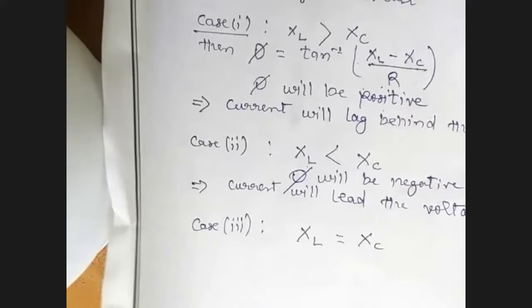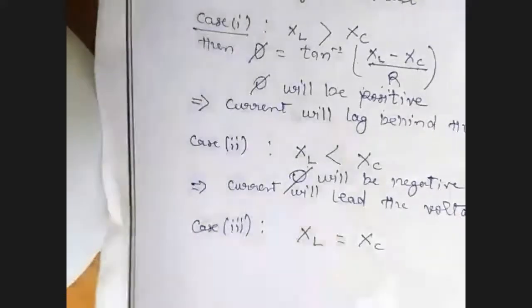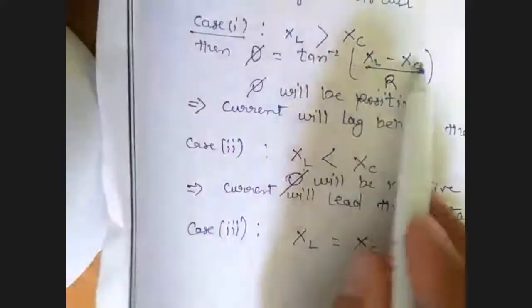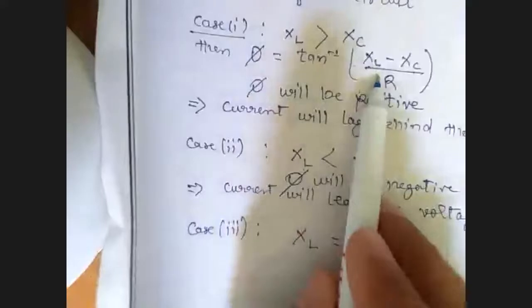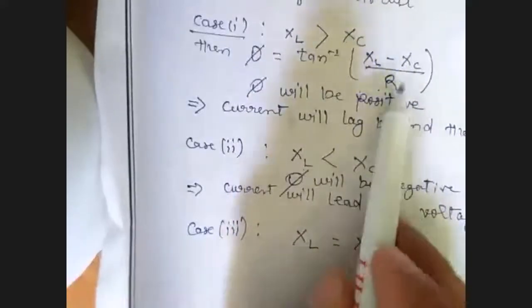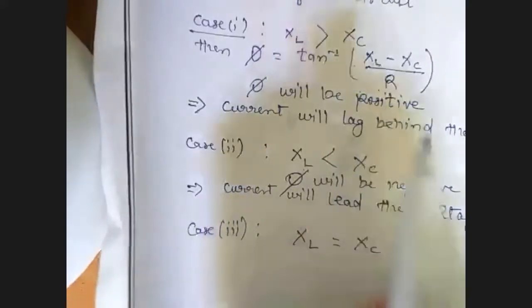When the reactance values of capacitor and inductor are equal, then the numerator will become 0 in this equation. Phi equal to tan inverse of 0 upon anything will be 0. Tan inverse 0 is 0.